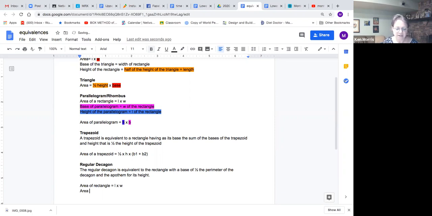So the area of a regular decagon is going to be equal to 1/2 times the perimeter times the apothem.